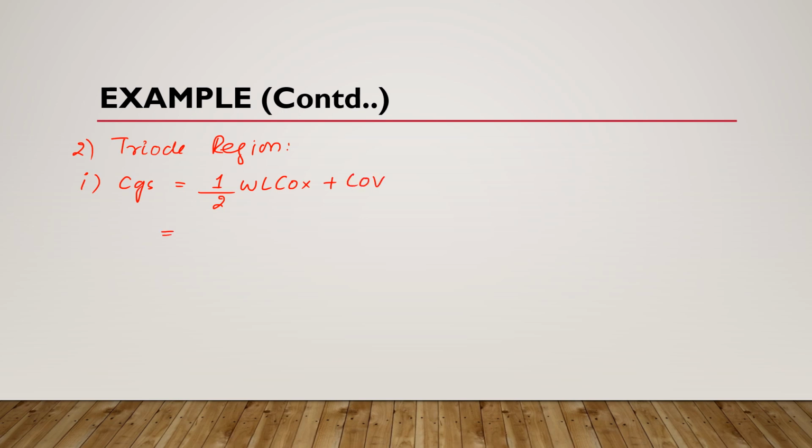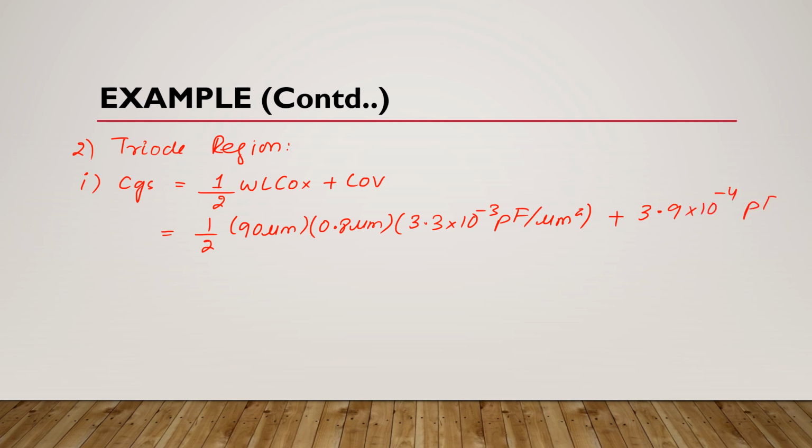Here we know that width is 90 micrometer, length is 0.8 micrometer, capacitance of oxide layer is 3.3 into 10 raised to the power minus 3 picofarad per micrometer square, and here this overlap capacitance is 3.9 into 10 raised to the power minus 4 picofarad.